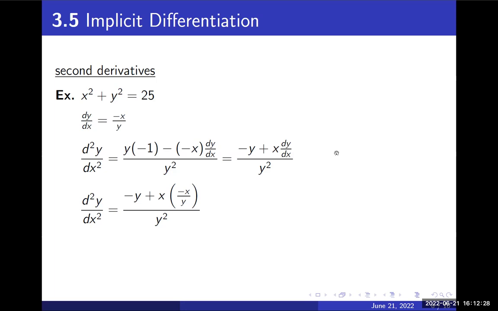So if we multiply there, our numerator is negative y minus x squared over y, and that's all over y squared. Now we've got our second derivative just in terms of x and y, not in terms of the first derivative at all.